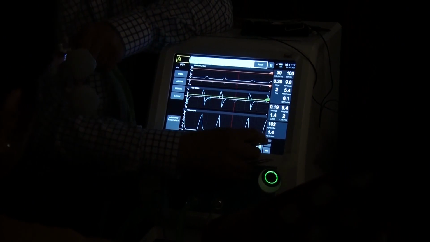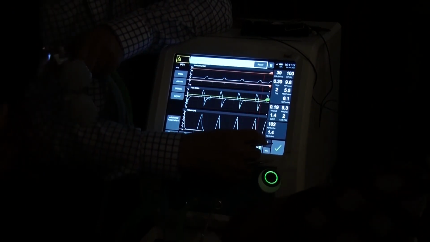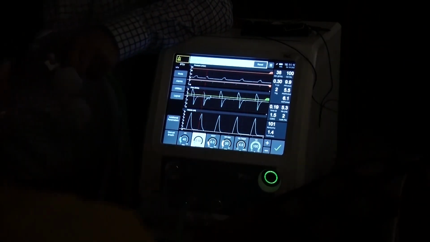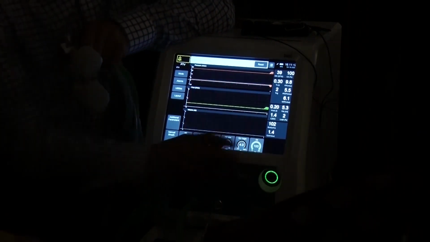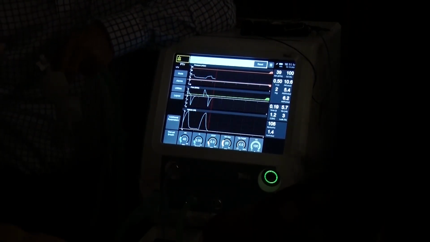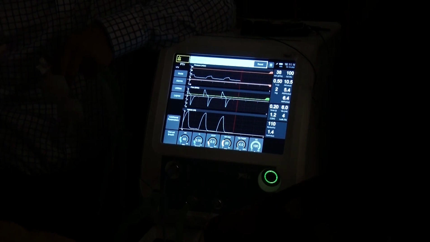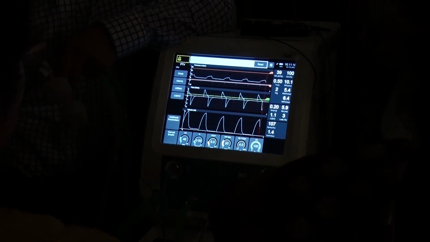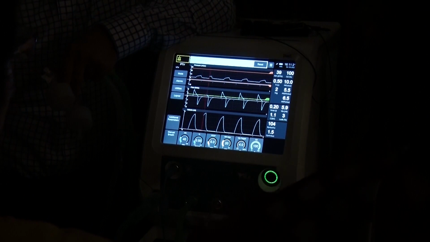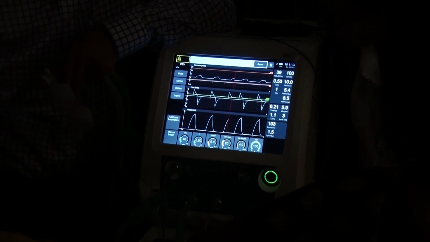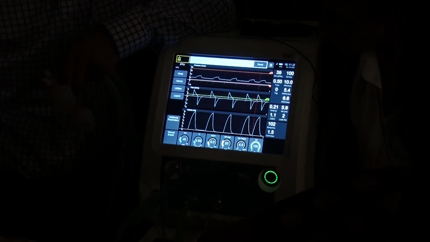Eye time's too short, right? Let's see if this drops the PIP. It should do. So it's not dropping.